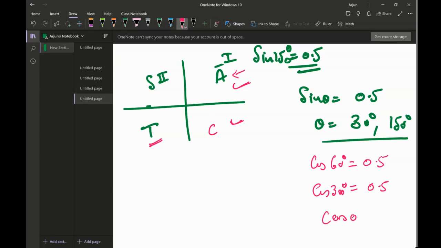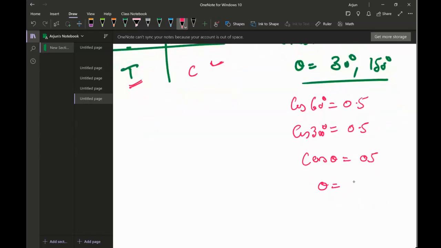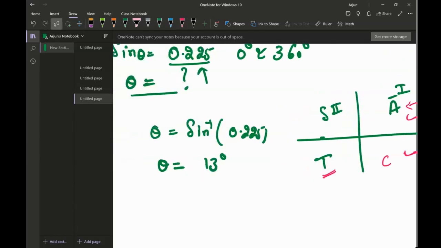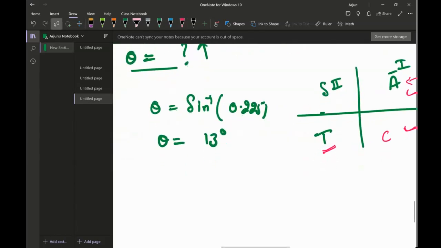So again, if I put cos theta equal to 0.5, what will be your answer? You're going to say theta can be 60 degrees, or it can be 300 degrees. It can be one of these two. That's why whenever we are given any value for any trigonometric ratio, there will always be two values. So hopefully you were able to understand that part of it.